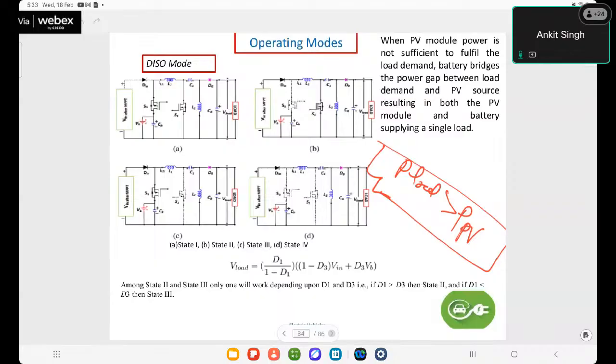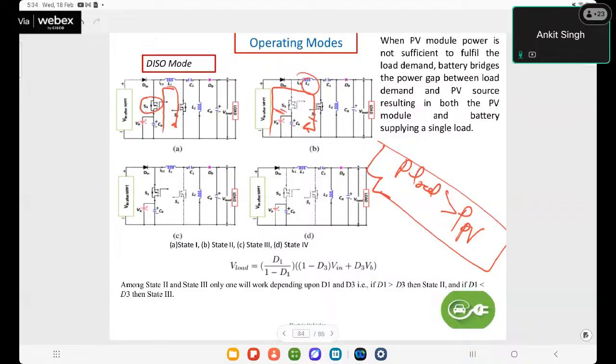Okay. So this is the switch S3. If the battery is connected through switch S3 and it is turned on, the inductor will store the energy. And if switch S3 is off, the inductor will store energy through the PV through switch S1. So this is the picture for the dual input.